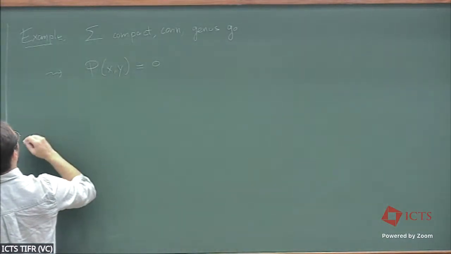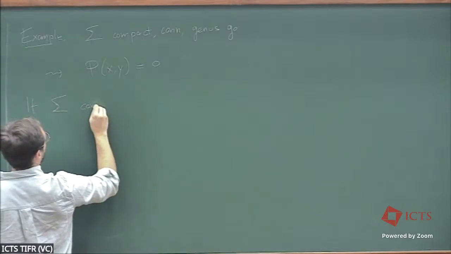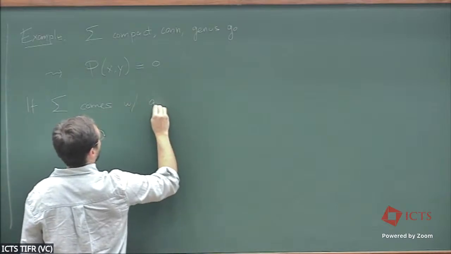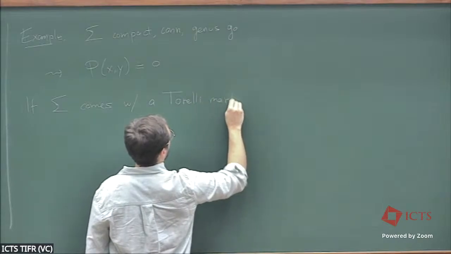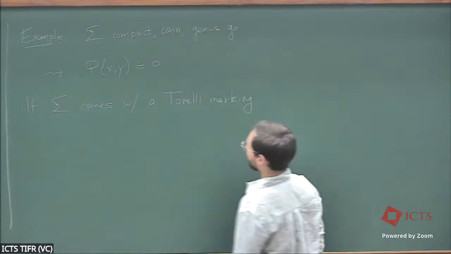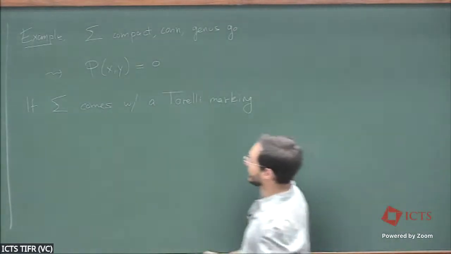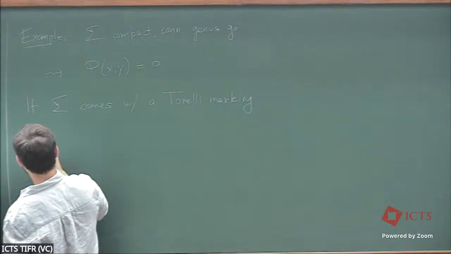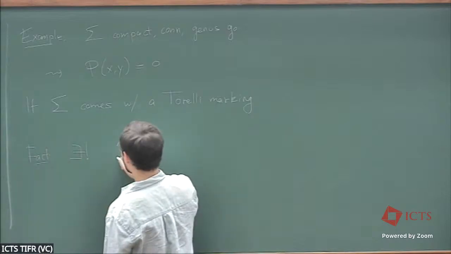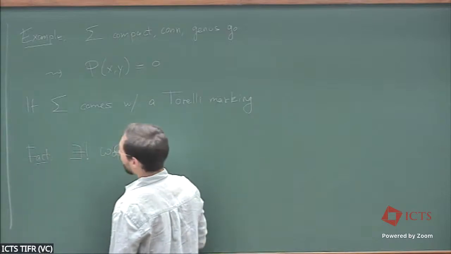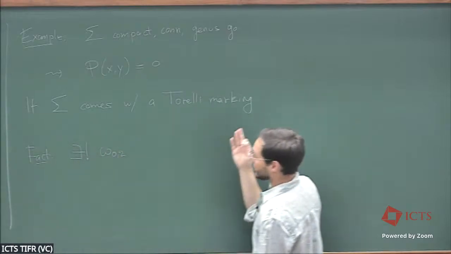So one can say that if in this case Sigma comes with a Torelli marking, meaning a basis of A and B cycles, a symplectic basis of A and B cycles, then a nice fact is that there exists a unique omega 0,2, so a unique bidifferential satisfying these properties here, that is normalized along the A cycles.